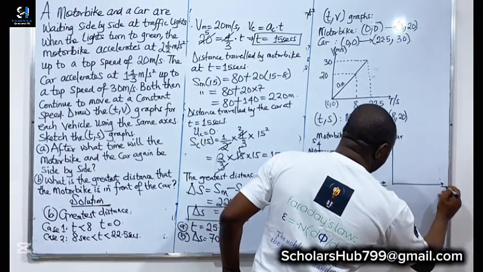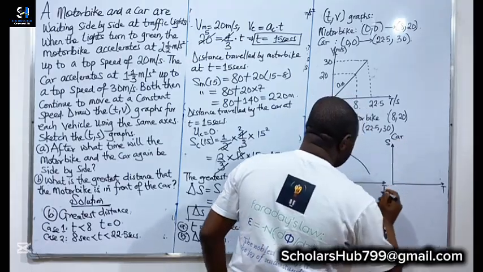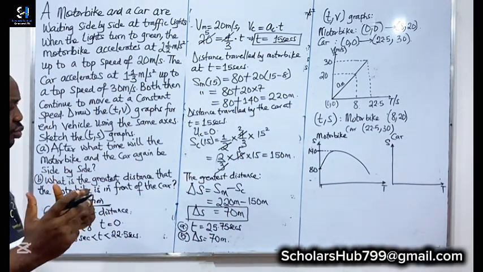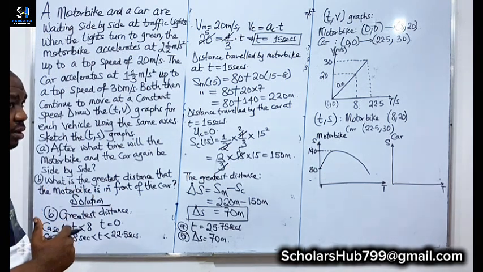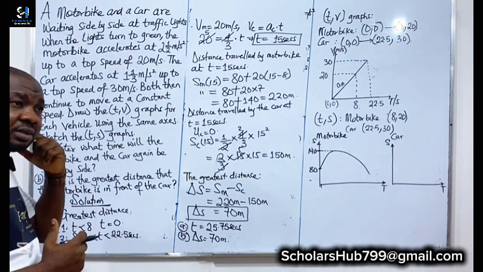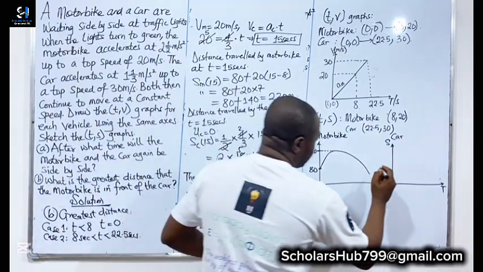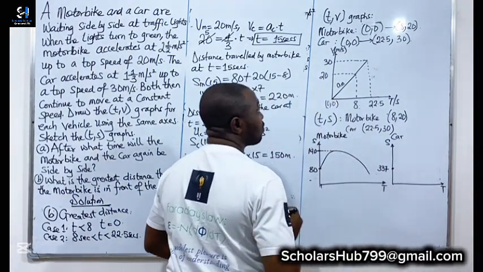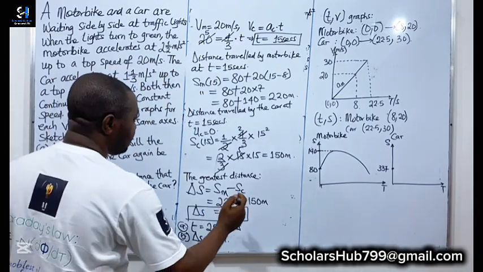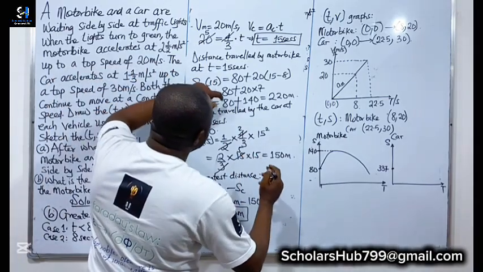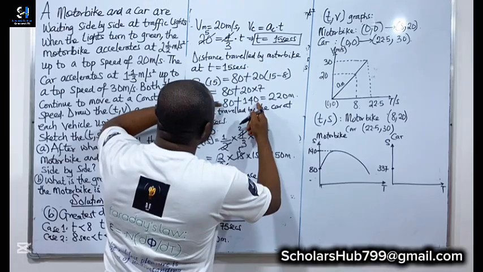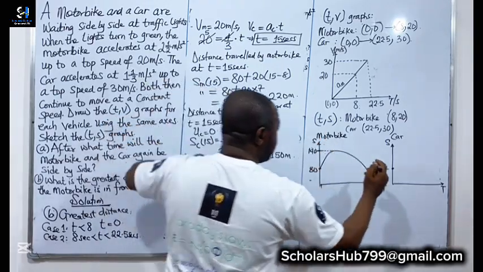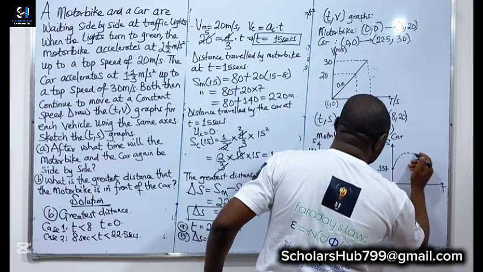Then for the car, it will also be a parabola. So we have S. What's the initial distance? I think the one we calculated was 337.5. So if this is 337.5, and this is 30, it's going to go this way.